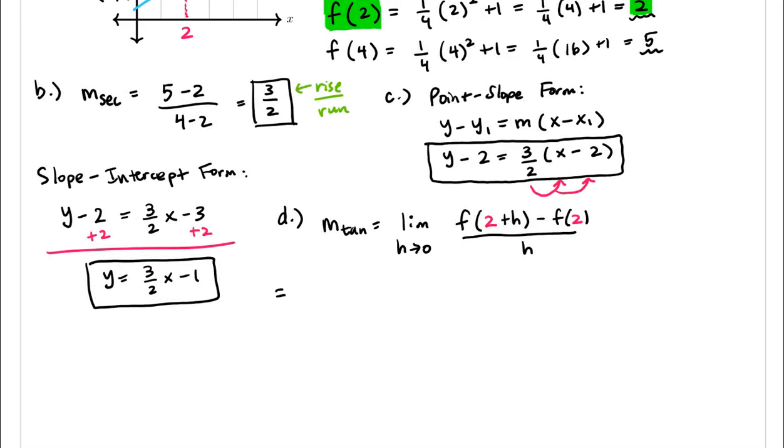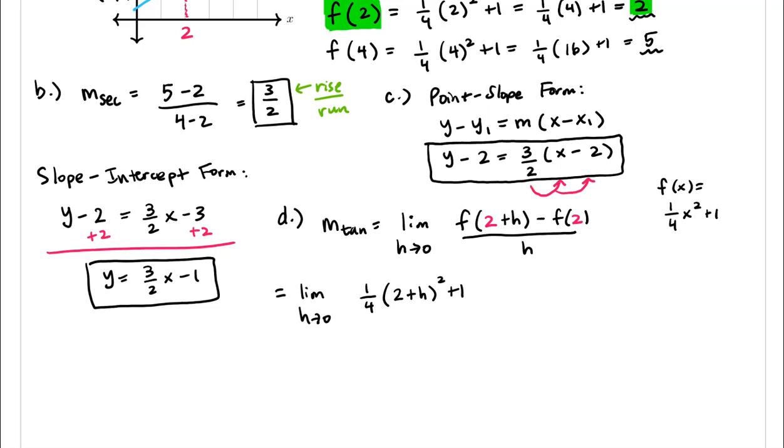All right, so we have the slope of our tangent line is equal to the limit as h approaches 0 of, let's remind ourselves, our original function f of x was equal to 1/4 x squared plus 1. And so I'm going to take 2 plus h and plug that into my function. If I do that, then that would give me 1/4 times 2 plus h quantity squared plus 1.